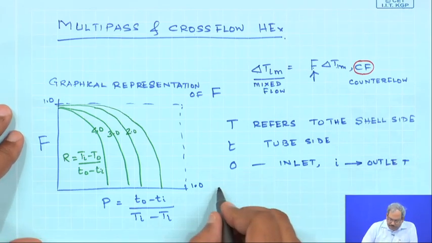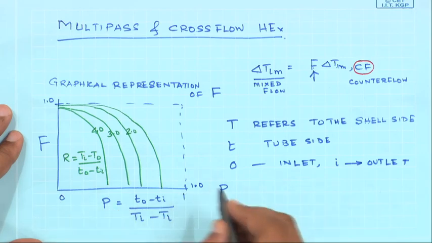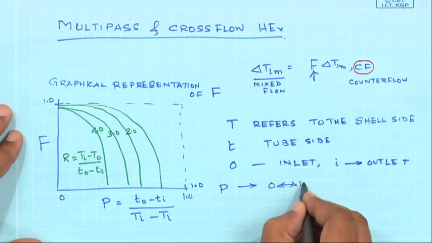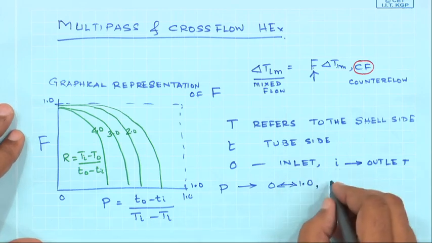So, P ranges from 0 to 1. This represents the thermal effectiveness.